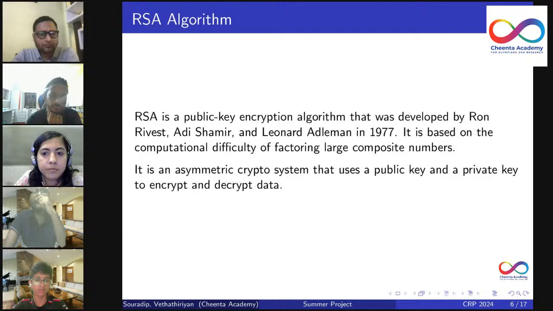The simple idea used to make this crypto system was the computational difficulty of factorizing a particular large number into two large prime numbers.